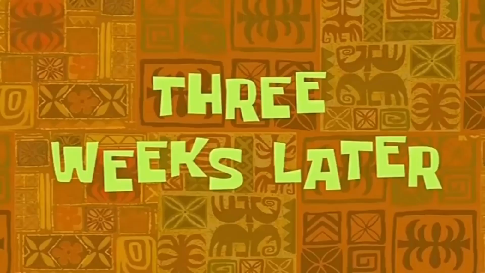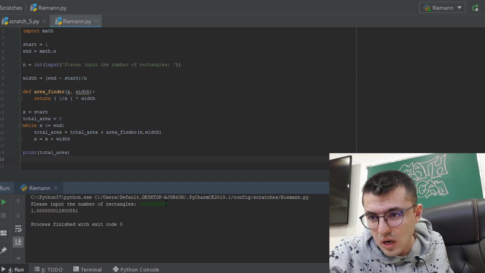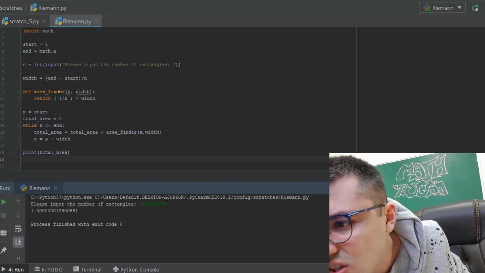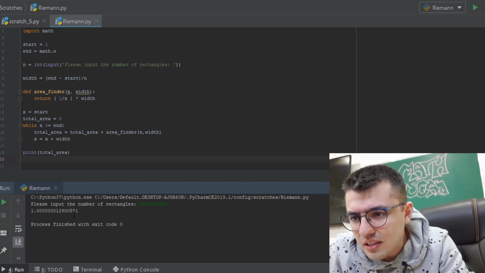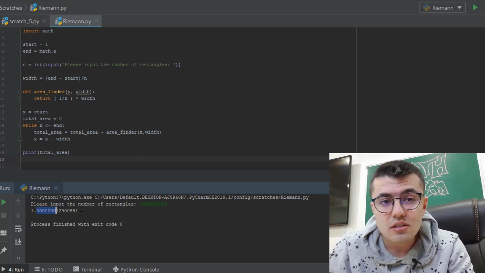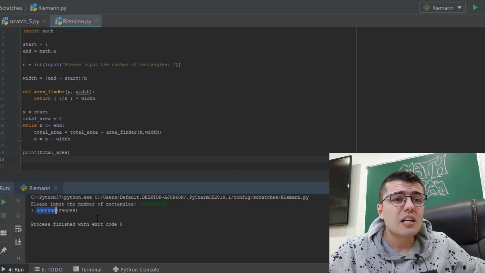Three weeks later. It found, so it's 1.0000000129005 or so, let me find it out, 1, 2, 3, 4, 5, 6, 7 zeros, and then 12, 90, 0, 5, 5, 1. So it's pretty close to 1.